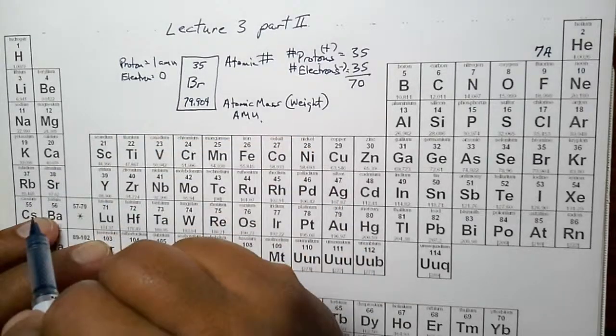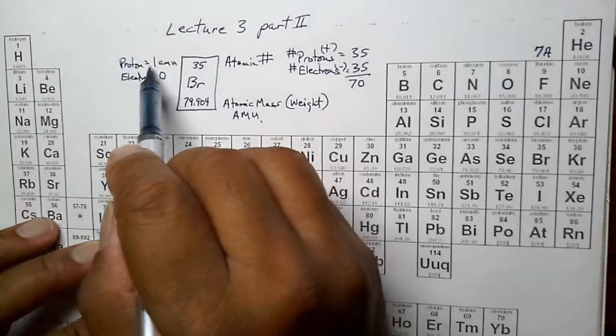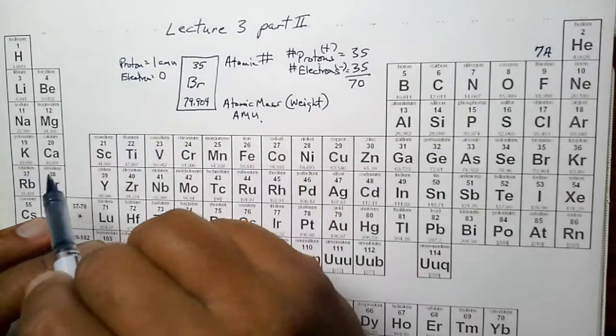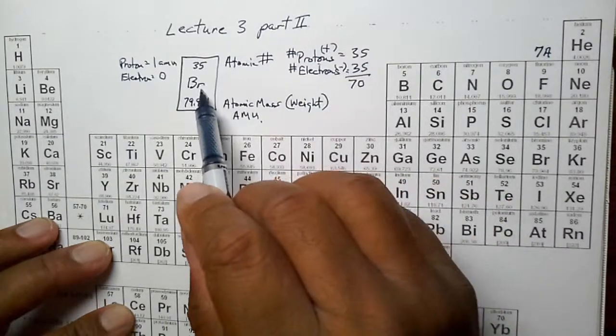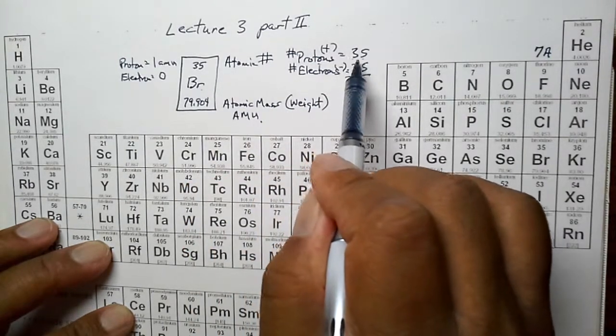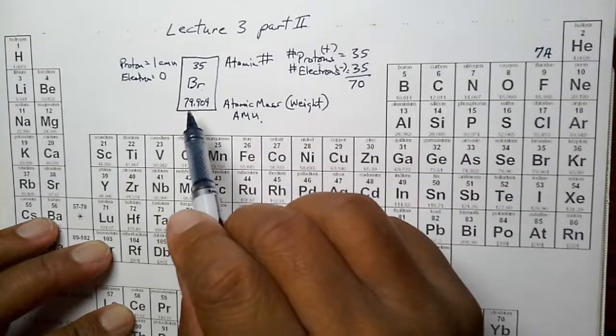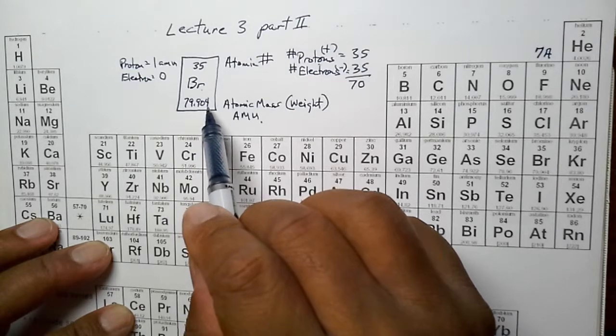Essentially 0, because it is very, very small. It's 10,000 times smaller than a proton. And so the mass of the bromine can be found in the number of protons. All right, but the atomic mass unit is 79.904.